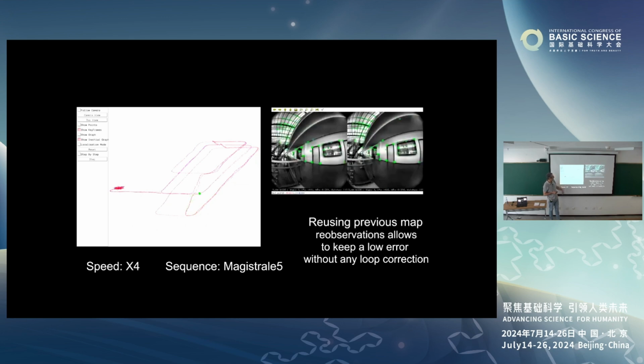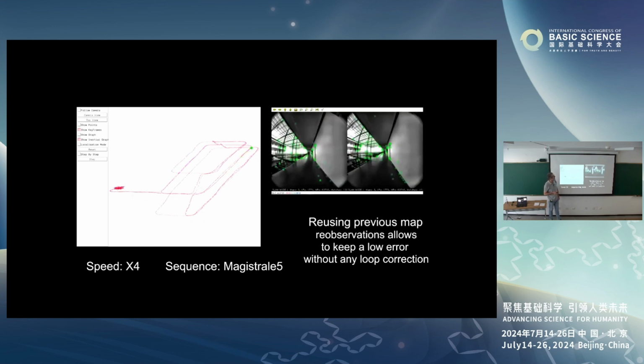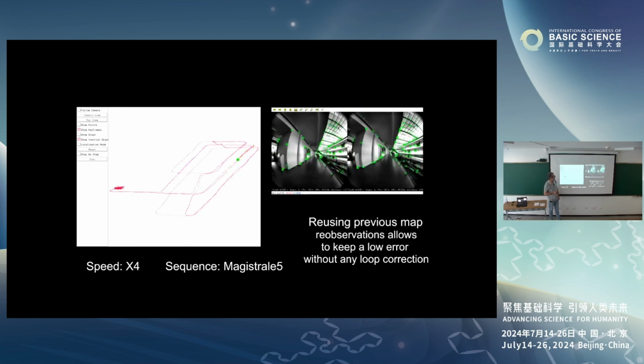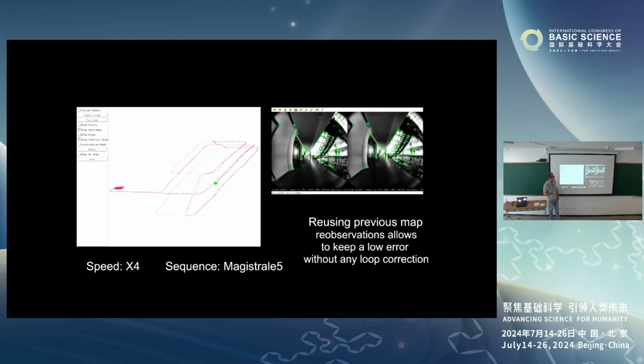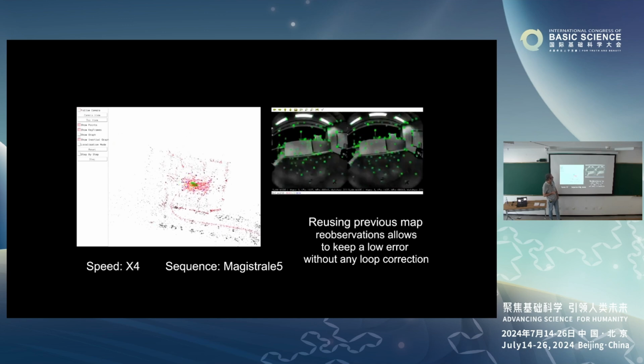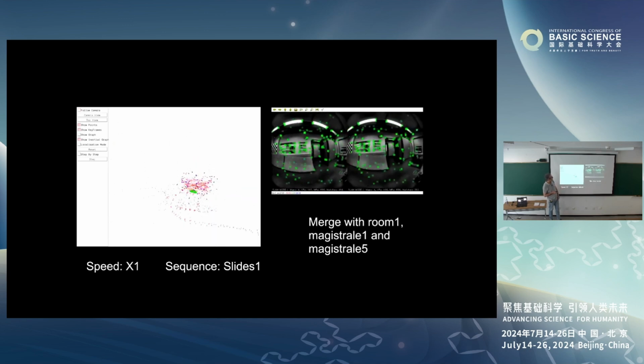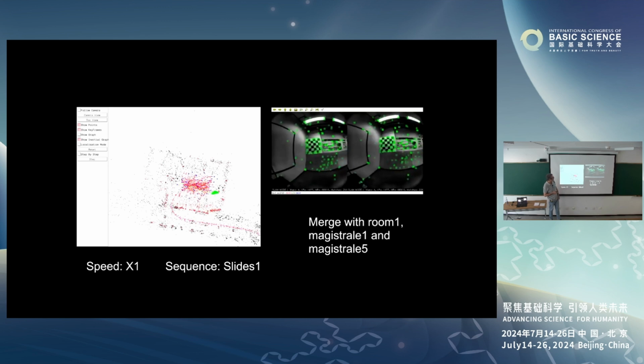Now go to the next floor, go to the second floor, come back in the same corridor, and come back to the original room, and it's able to go back again.